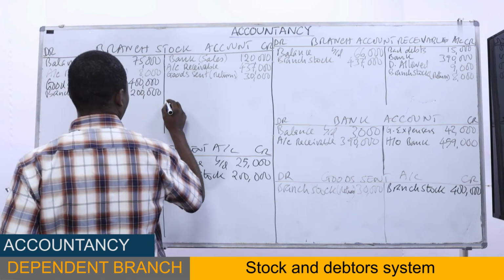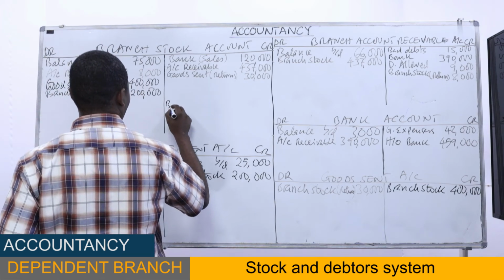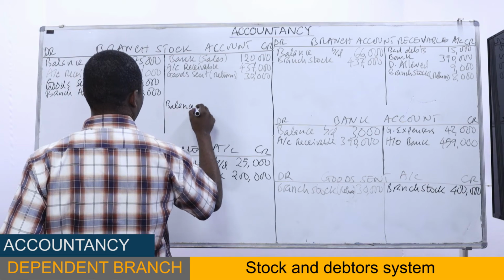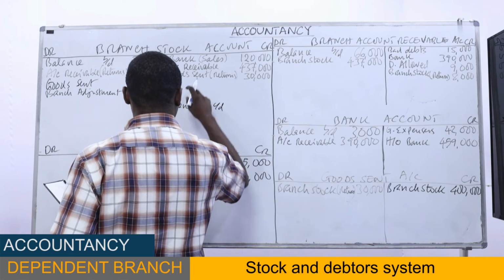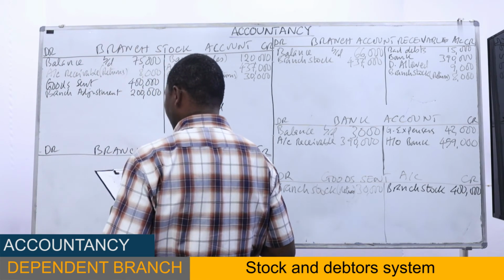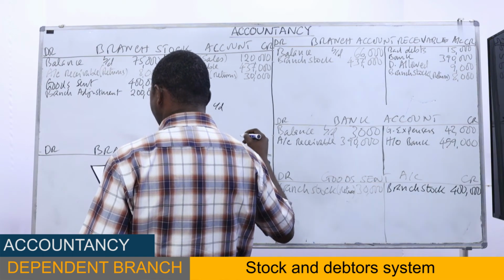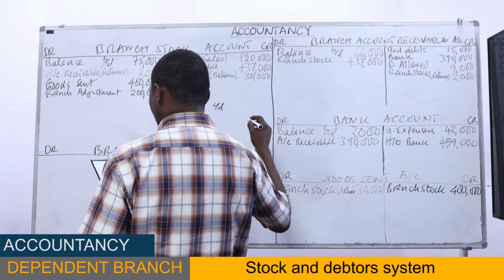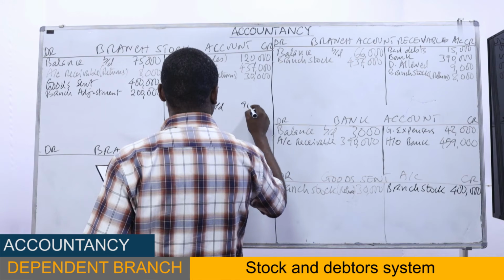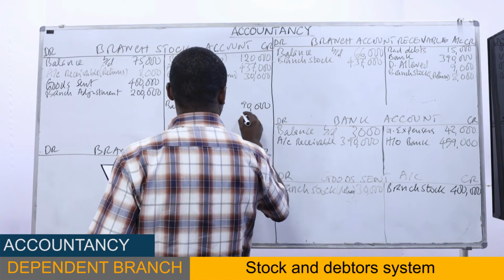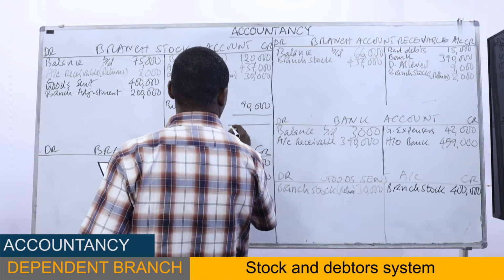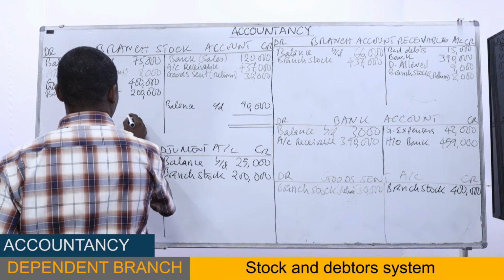So we have balance c/d. You leave space for any deficiency or any entry that could be entered here. So inventory, we have 90. Remember also to adjust this.